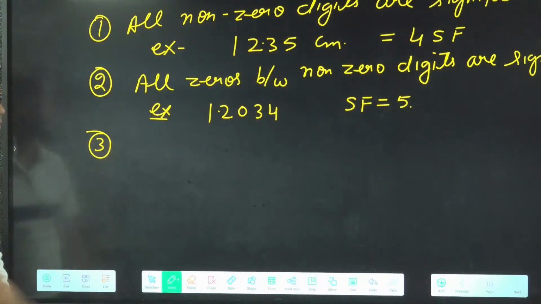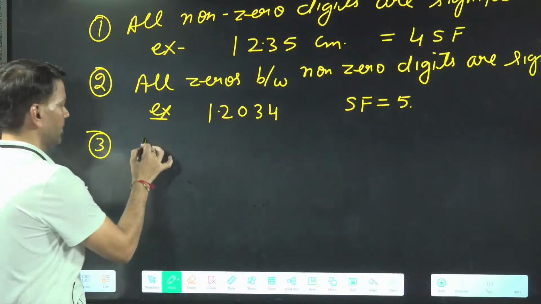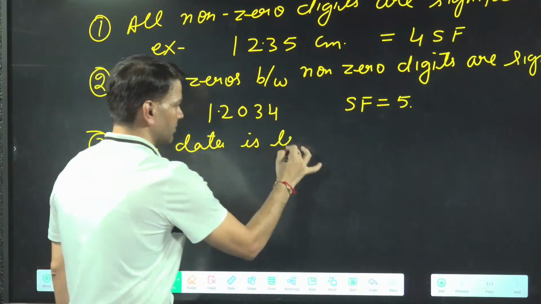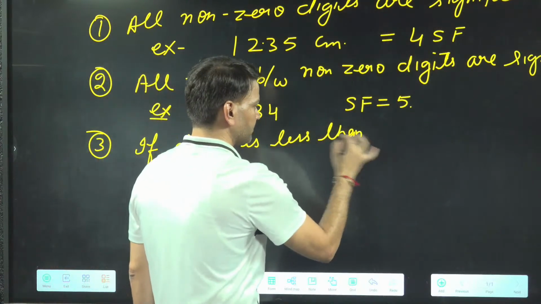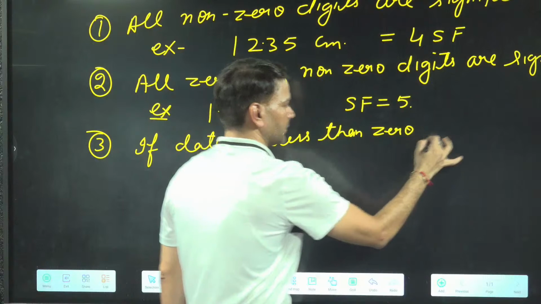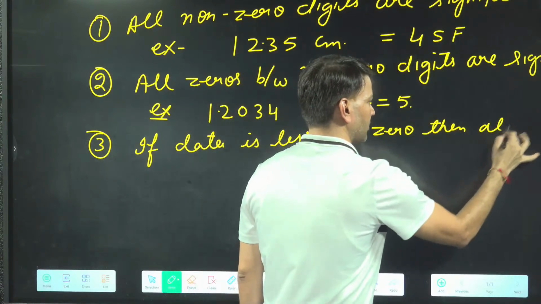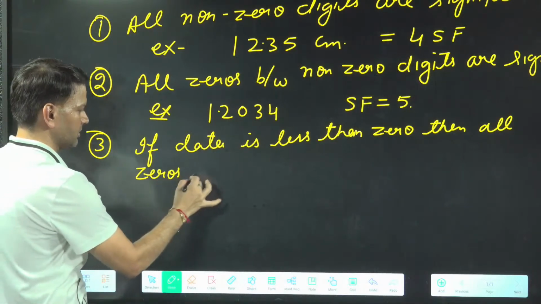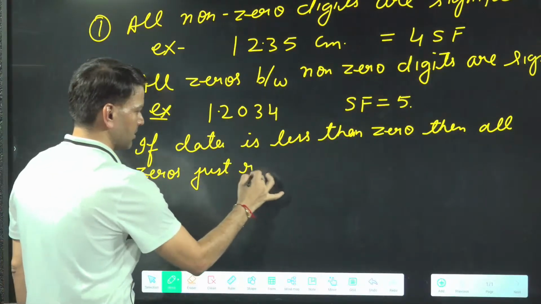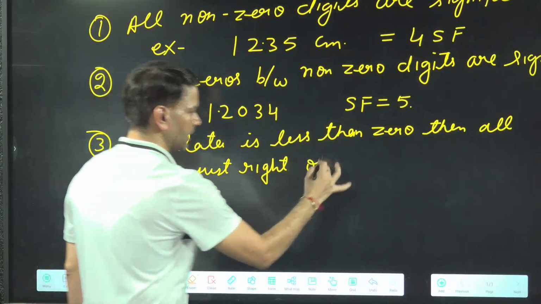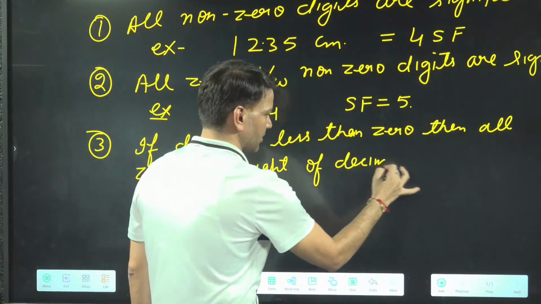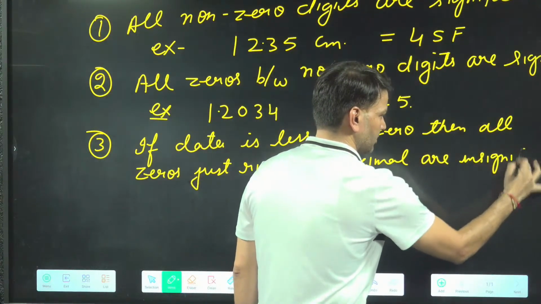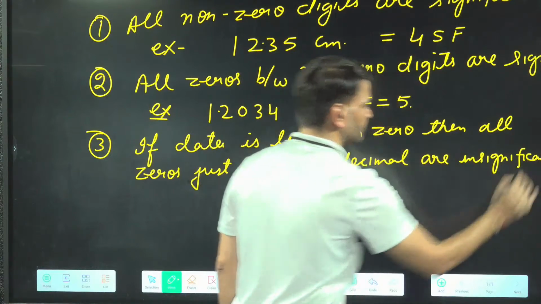Number 3: if data is less than 1, then all zeros just right of the decimal are insignificant.